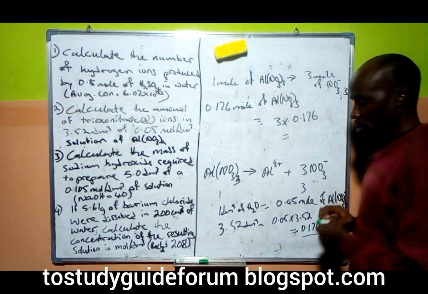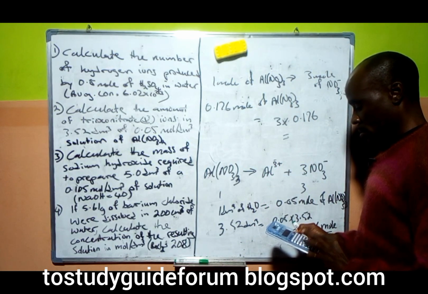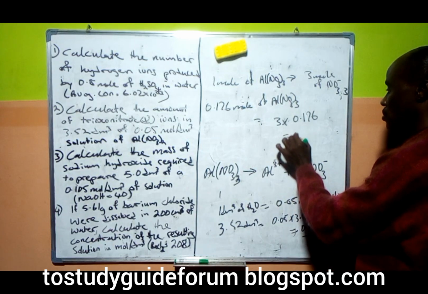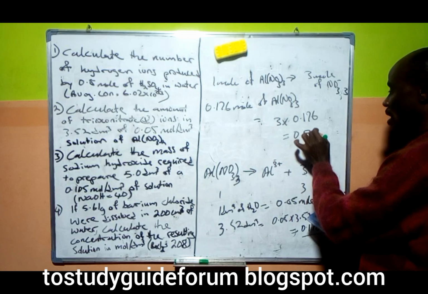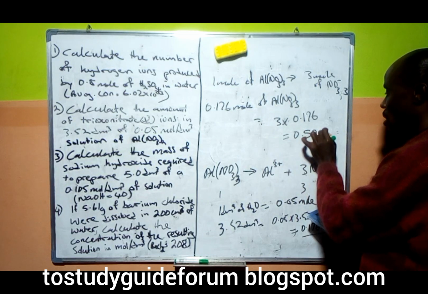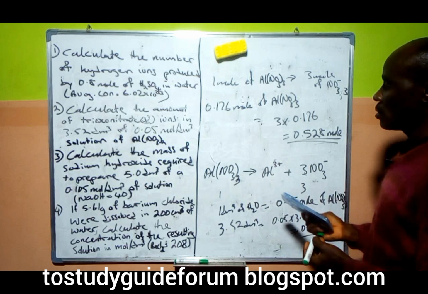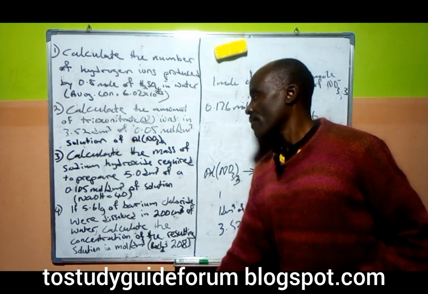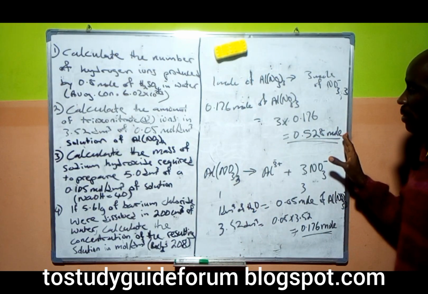That will give us 0.528 mole of trioxonitrate, nitrate ion. So this is what we have as our final answer.